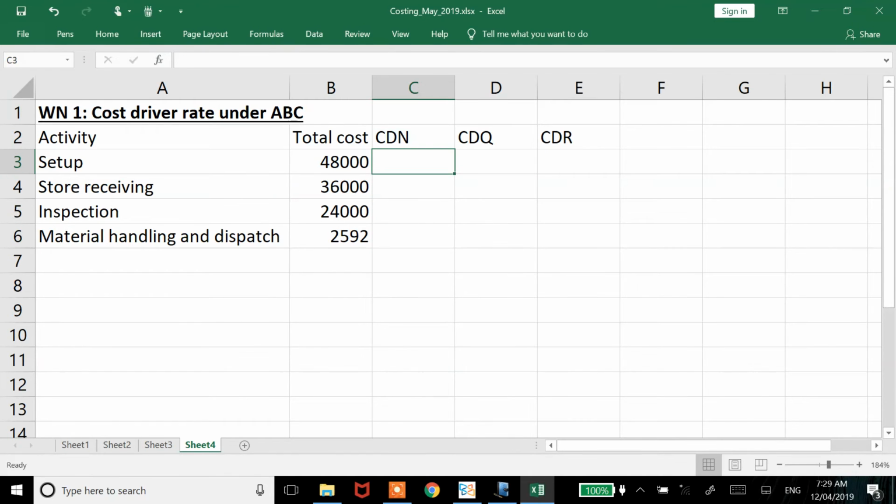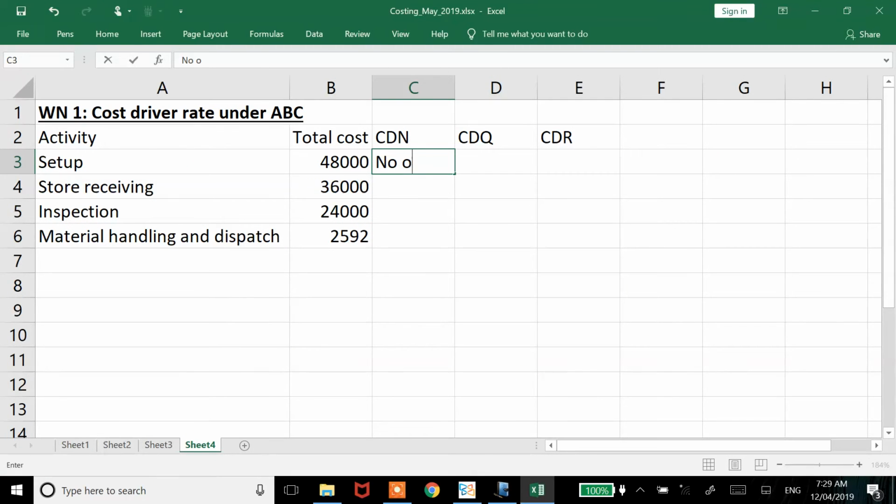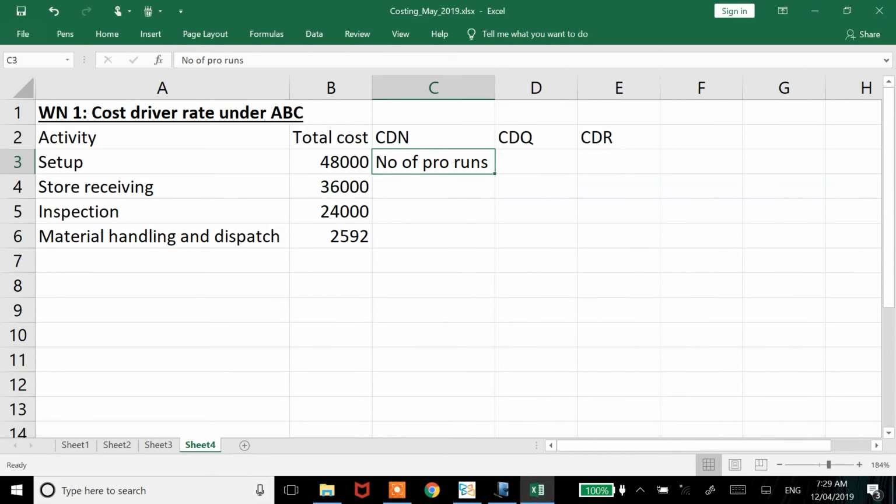Now, if the question doesn't give you a cost driver, you will have to find out what can be an appropriate cost driver. If the question gives you, we write that cost driver. So the cost driver is number of production runs. For a setup activity, it can be number of setups also. If the question was silent, we'll see what data point is relevant.